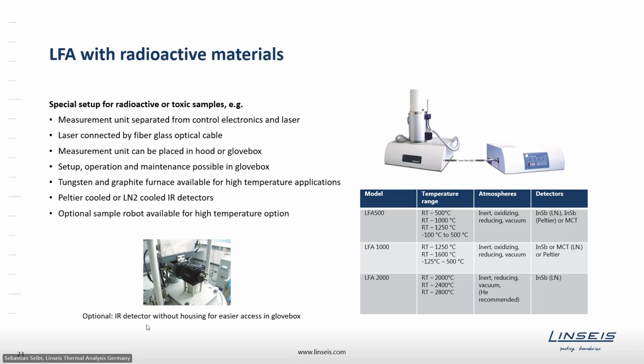On the right, you can see a rough overview of the models we have, listing the different furnaces. The main difference between the LFA 500 and the LFA 1000 is the source of energy. Within the LFA 500, we use a xenon lamp as energy source, and the LFA 1000 uses a more powerful and more flexible laser source. But both of them have different options of furnaces, for lower or higher temperatures, even subambient temperatures.